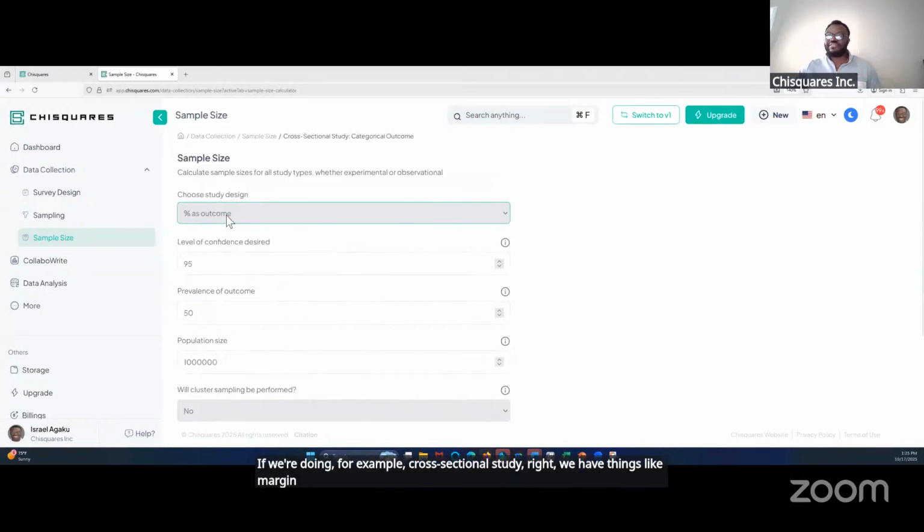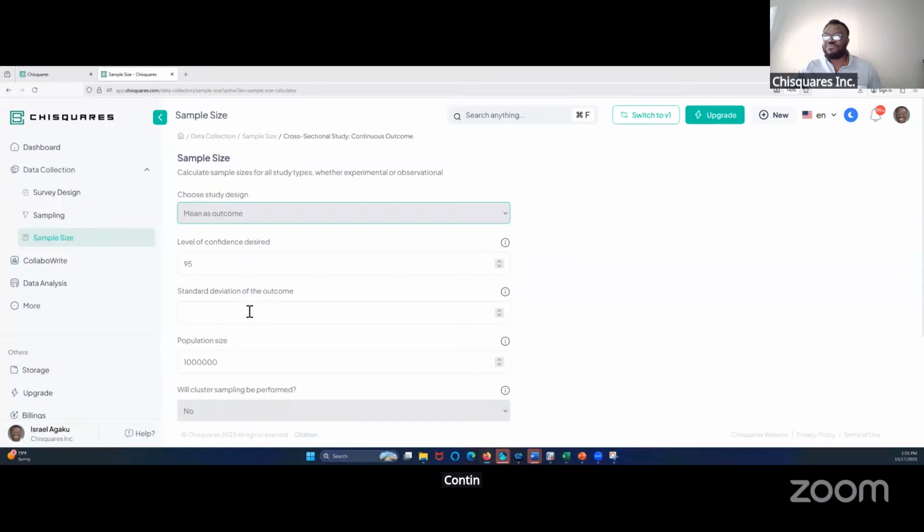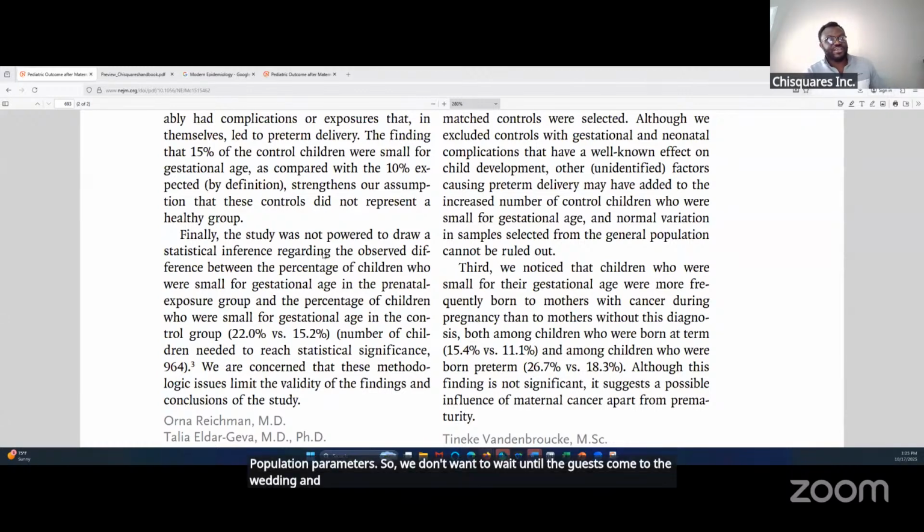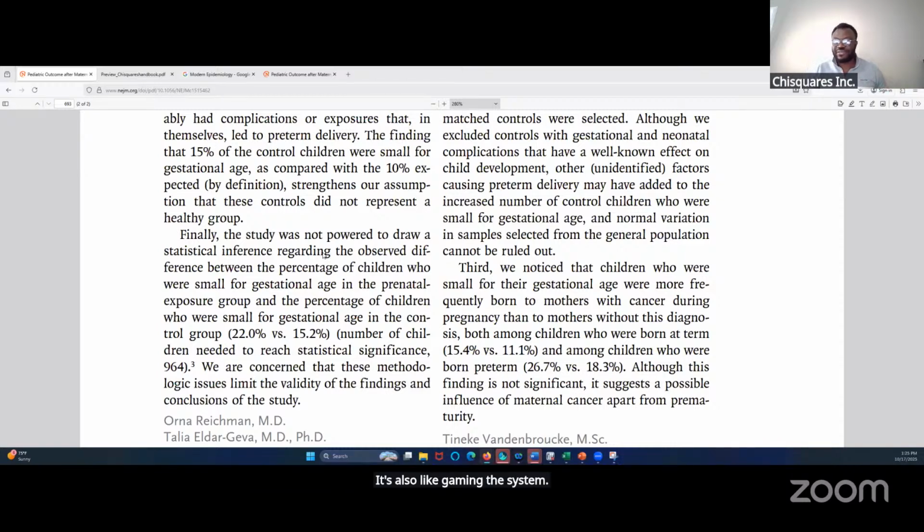If it's for a continuous outcome, we have things like standard deviation. Those things are trying to optimize for population parameters. So we don't want to wait until the guests come to the wedding and say, oh well, what we needed was a cake for 100 people. No, that's the wrong way of doing it. It's also like gaming the system, right?